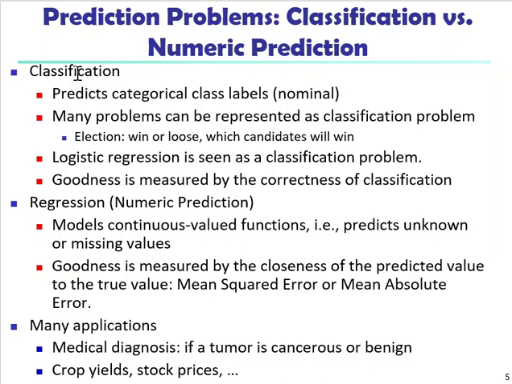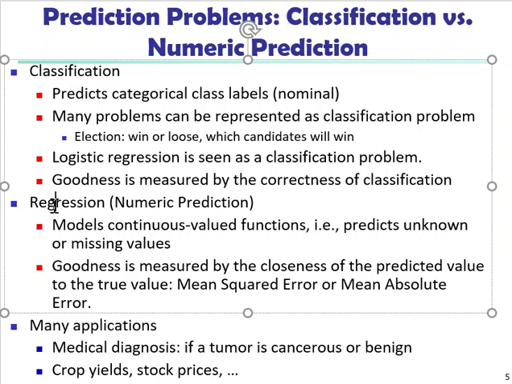So here we're talking about prediction because we're predicting class labels for observations. Another group of prediction problems is numeric prediction. Because the vast majority of numerical prediction uses regression methods, we also use the word regression as a synonym for numerical prediction.